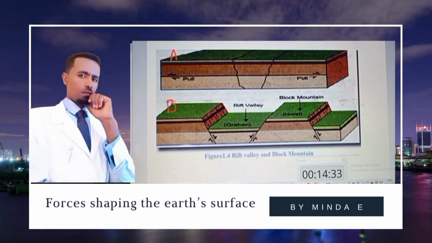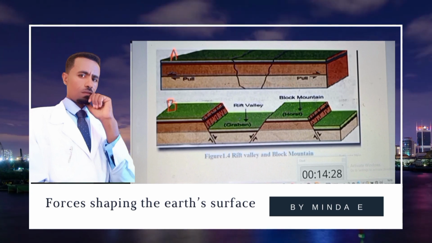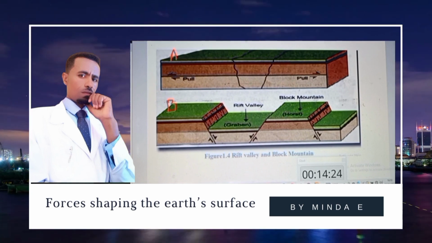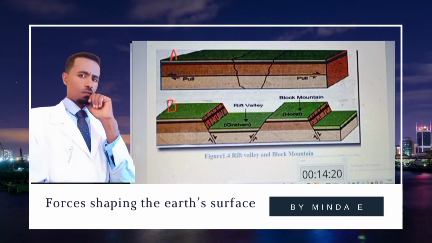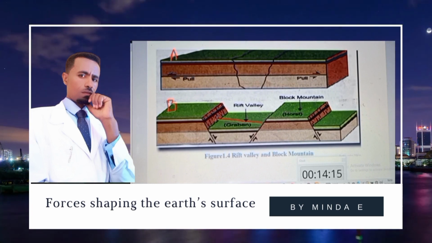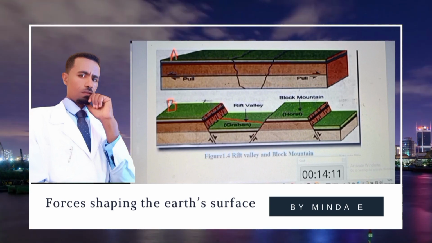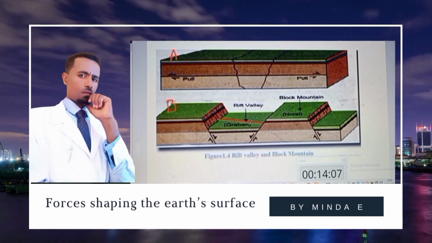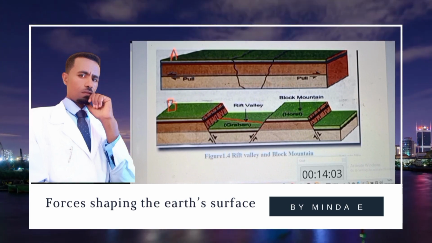Figure B. Here the landmass sinks down and the formed topography is known as Rift Valley. This area is known as Rift Valley. Why? Because it sinks down and makes the lowland area, which is found between highland areas.